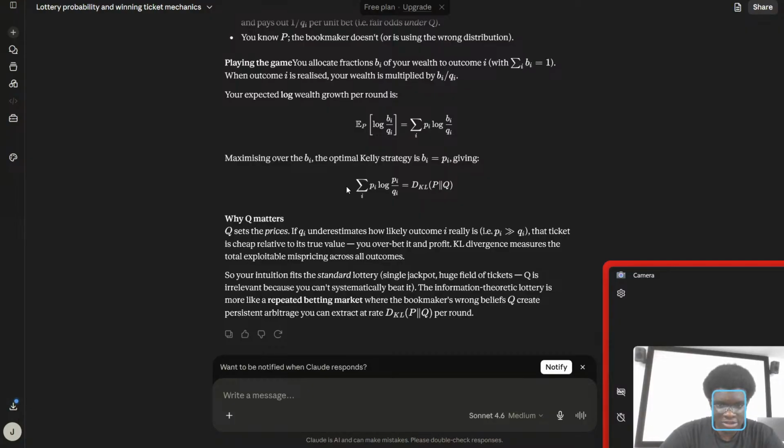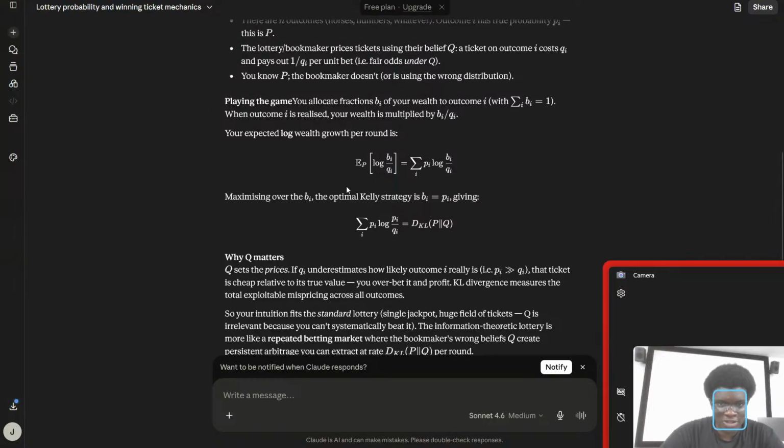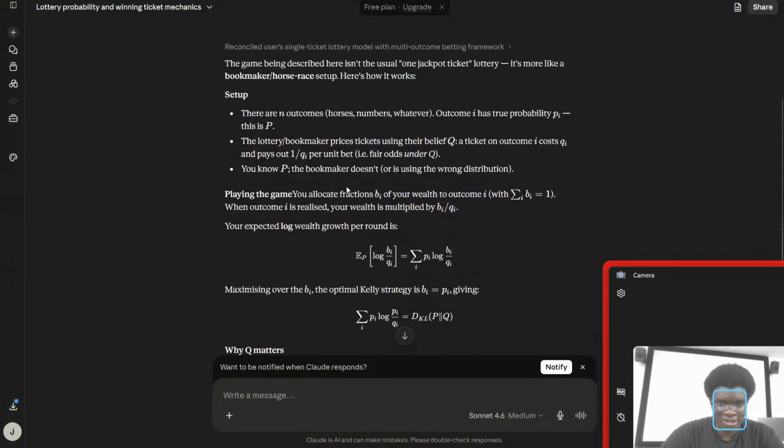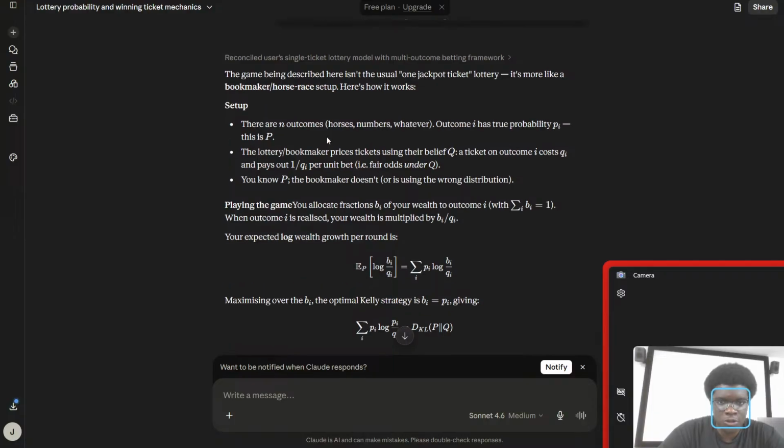Okay, so it's not a lottery at all. It's just like betting on stuff. Oh wait, hold on. Is this just a multi-armed bandit? I think it is just a multi-armed bandit. Hold on.